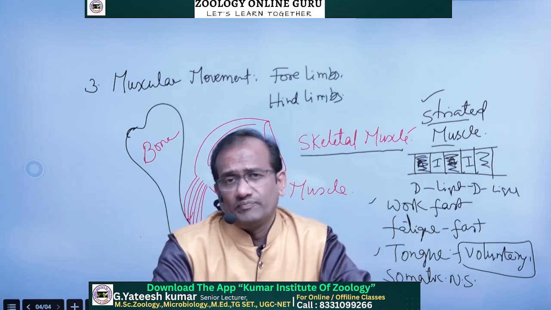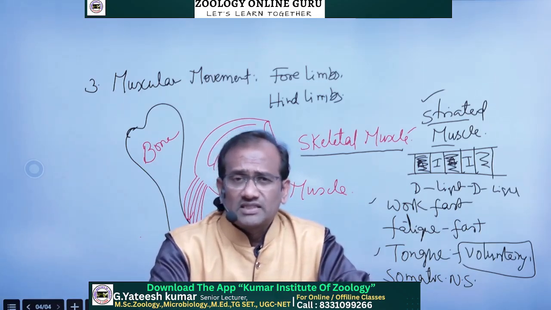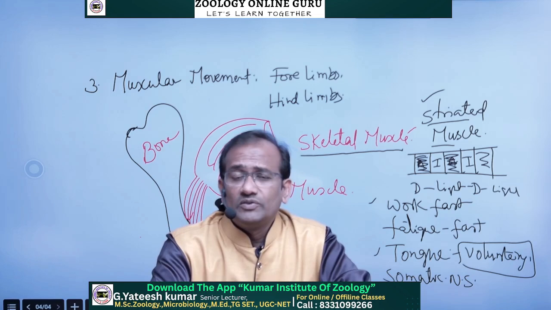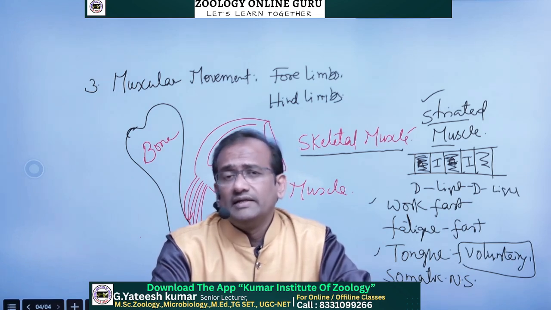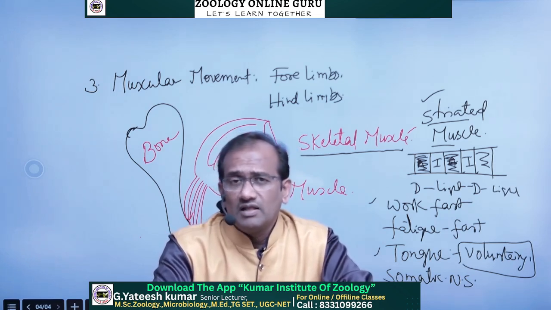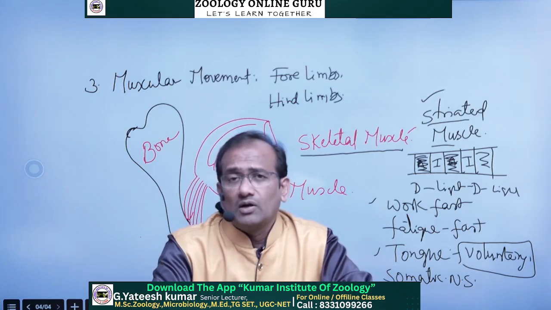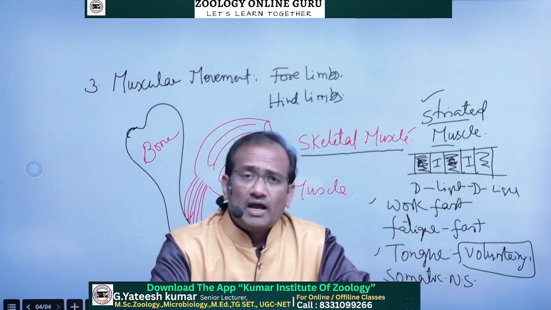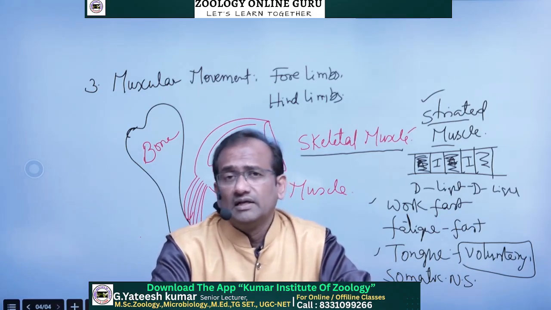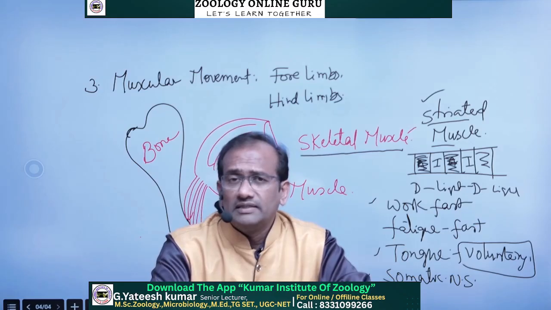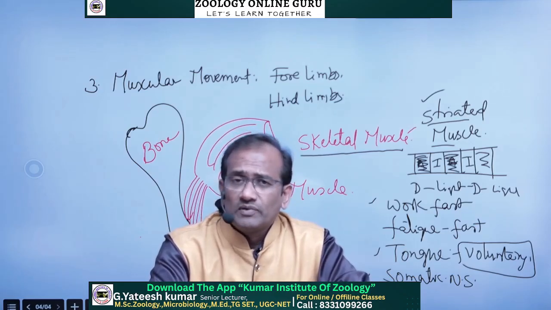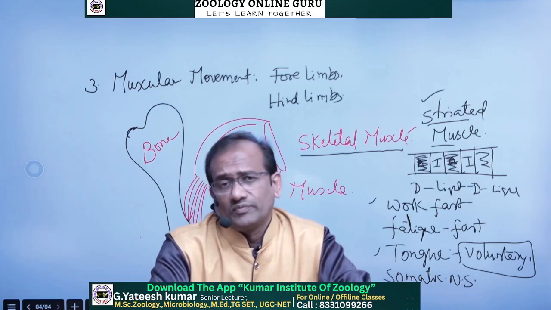This is why they are called voluntary muscles. But internally, the stomach or small intestine, the heart or kidneys, all these muscles are under the control of the autonomic nervous system, and they are involuntary in nature. They do their work at their specific time, and we cannot stop their function.